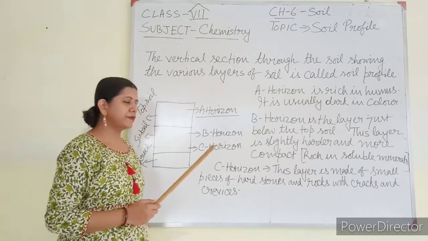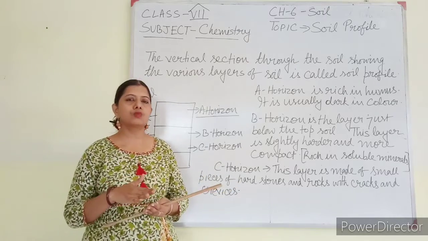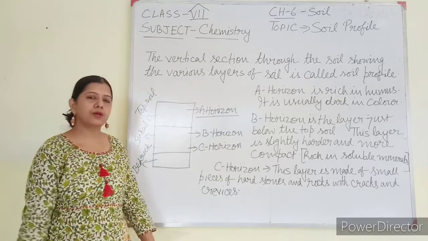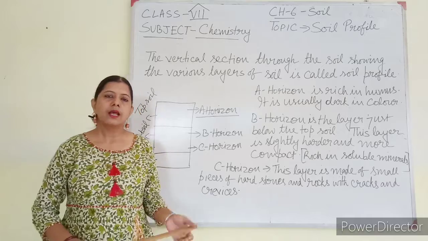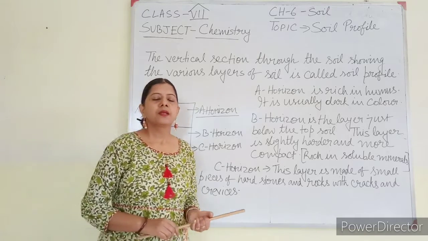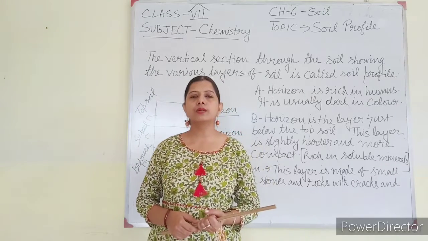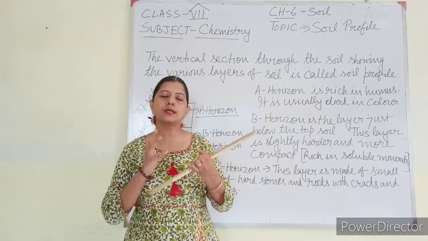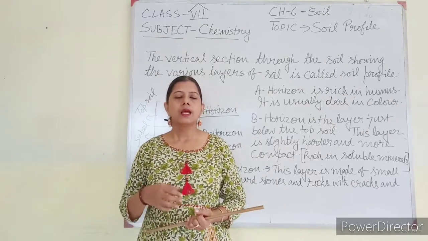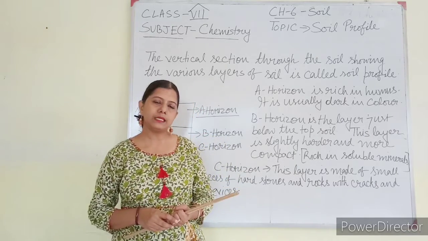It is very difficult to distinguish C horizon and bedrock, the layer is almost invisible, but still C horizon and bedrock are two different layers, and below C horizon bedrock is available. Okay. About A horizon, B horizon and C horizon I am going to explain in detail: what is there in A horizon, what you can find in B horizon, what is there in C horizon, and how they are different from each other.